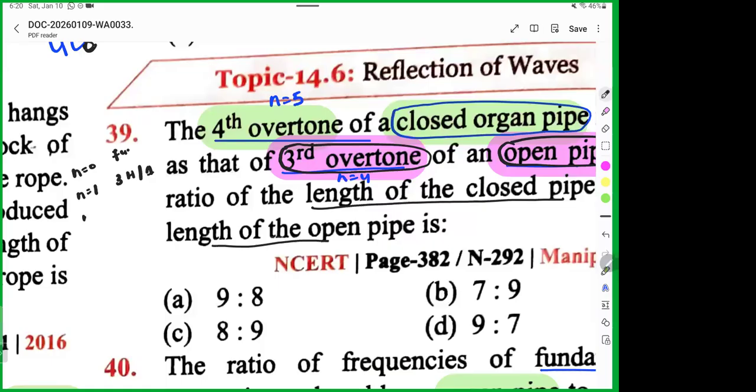Okay. If n value 2, then it will be fifth harmonic and second overtone. n value 3, seventh harmonic, third overtone. And if n value 4, ninth harmonic and fourth overtone. Understood?